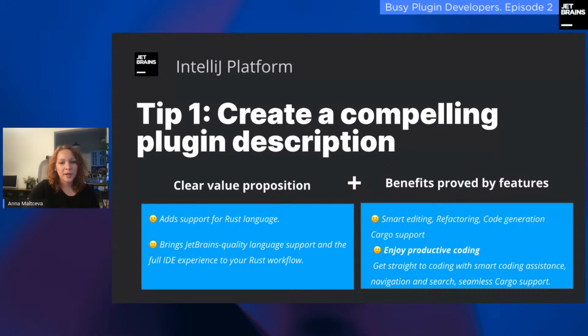So, for example, if you're offering a language plugin, describe how your product helps your customer accomplish tasks faster, stay productive, write more reliable code, and so on, instead of just listing some features like smart editing, refactoring, code generation, and so on.